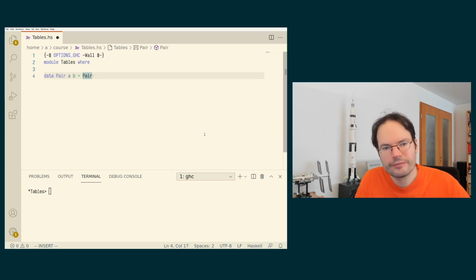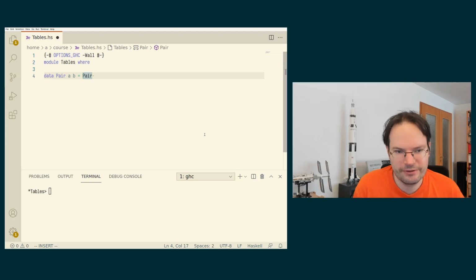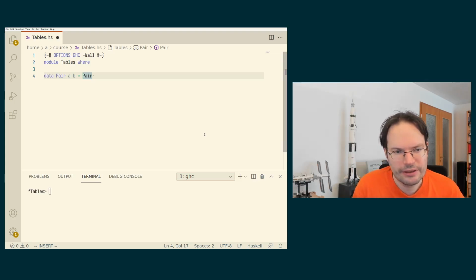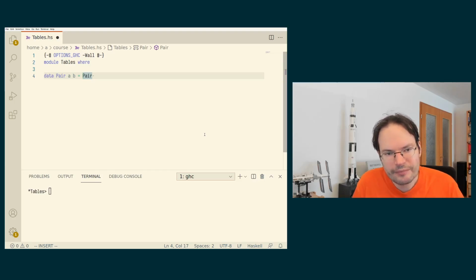So these are different places in your program. So it is always contextually clear whether you're talking about a type or whether you're talking about a term, like an expression or a pattern. And therefore, the same name can be reused, and it is always contextually clear which of the 2 things we mean. And because Haskell does this quite a bit, we are going to do this as well, right?